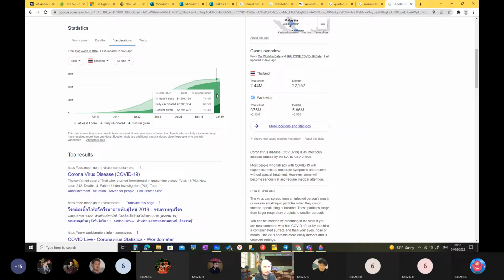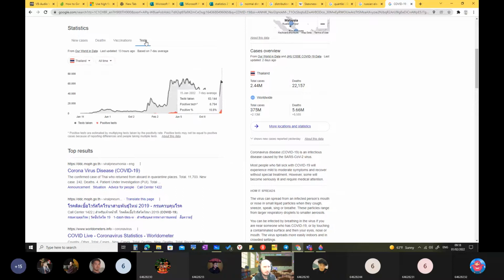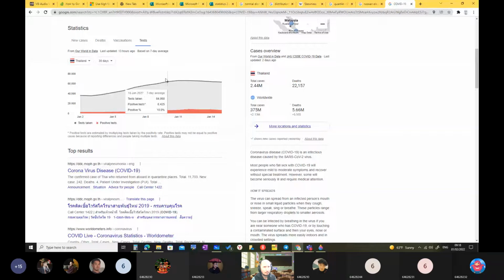At least one dose, 74% fully vaccinated, 68% booster, 18%. Tests, again, this is thousands. Last 30 days, 40,000. Okay, tests taken per day, 66,000. Positive test percent, 10%, 10%, 8%. So it's always around there.